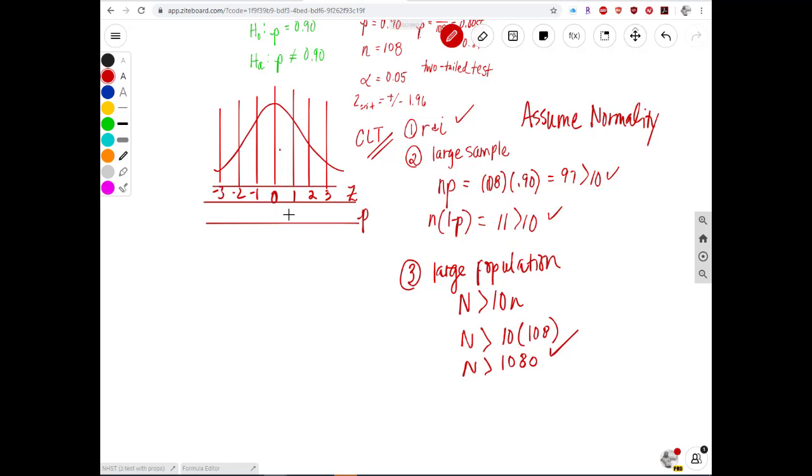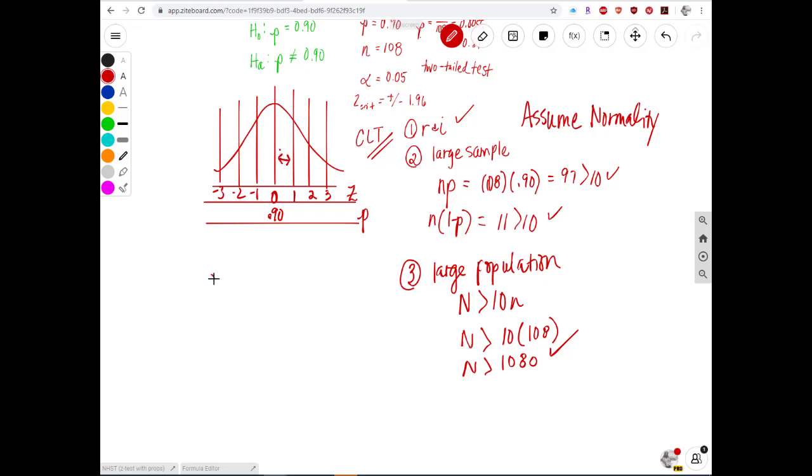And my middle value here, the proportion that aligns with the 0 Z-score, is going to be the proportion that we used in the null and alternate hypothesis. So that's going to be 0.9, 90%.